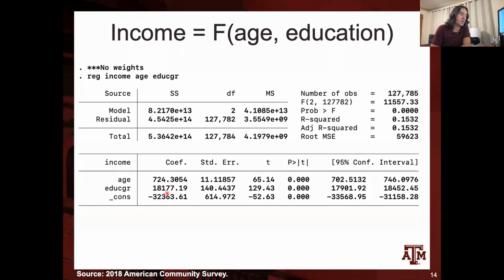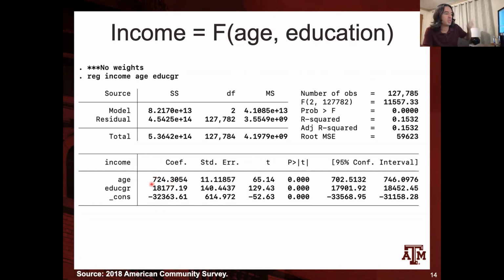Education group is not measured by years of schooling, in this case; it jumps between the groups that I mentioned. So jumping from less than high school to high school, for example, will increase my income by $18,000, controlling for age.